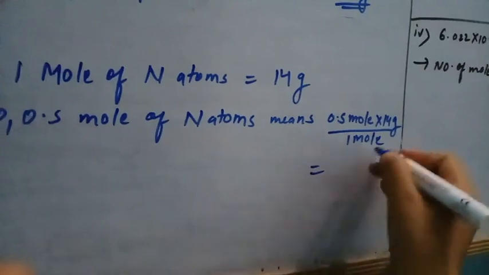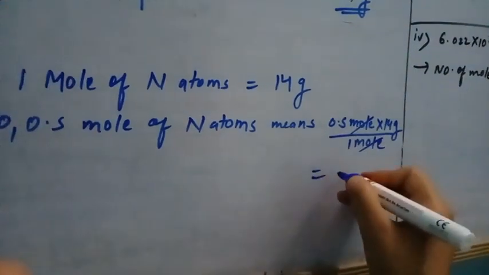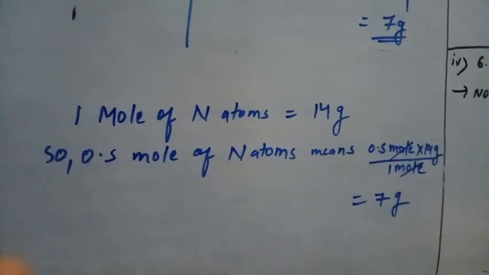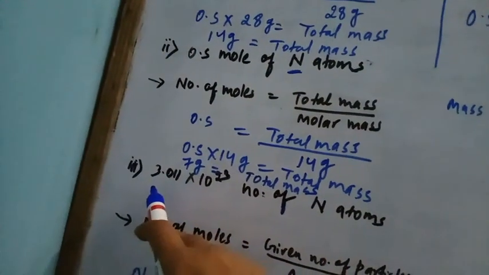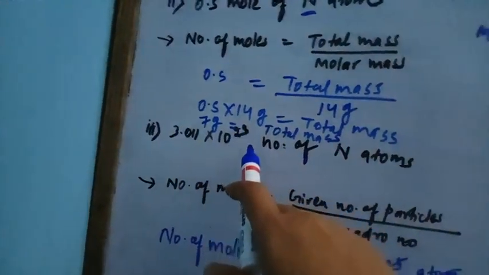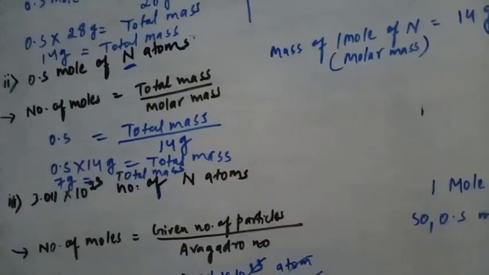So we will get 7 gram. So mass is 7 gram. 7 gram of nitrogen atoms is present in 3.011 into 10 to the power 23 nitrogen atoms.